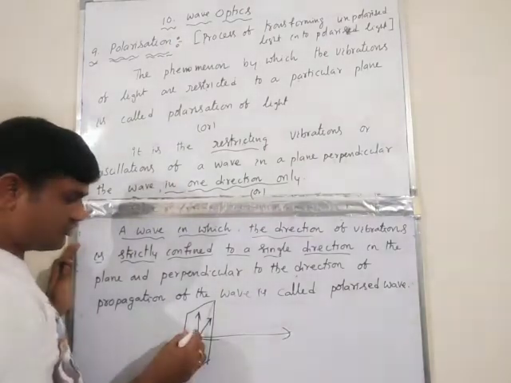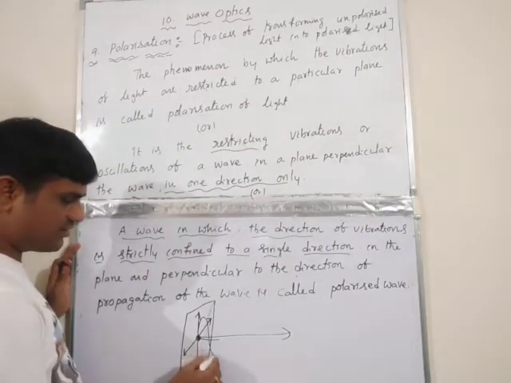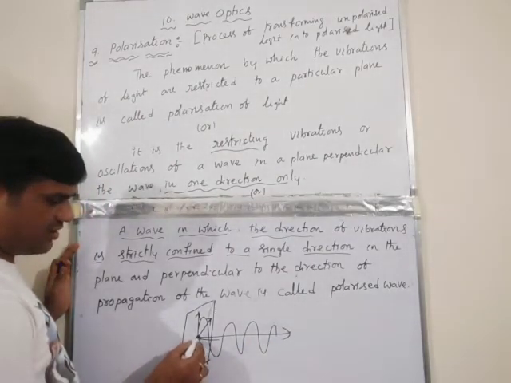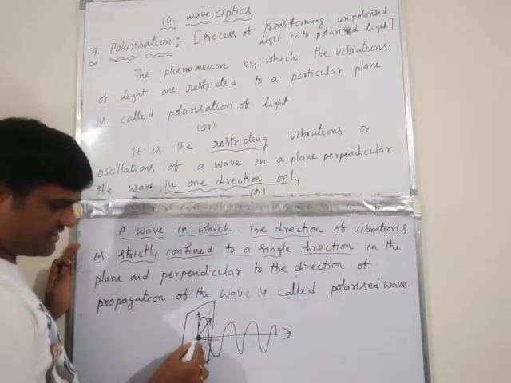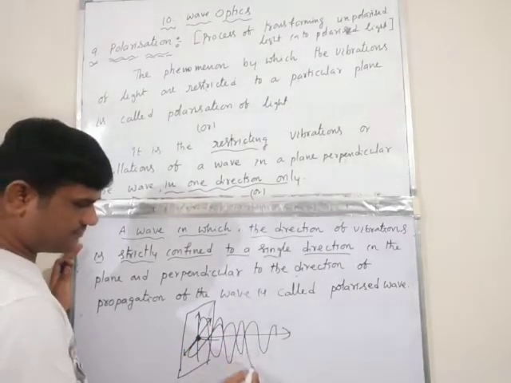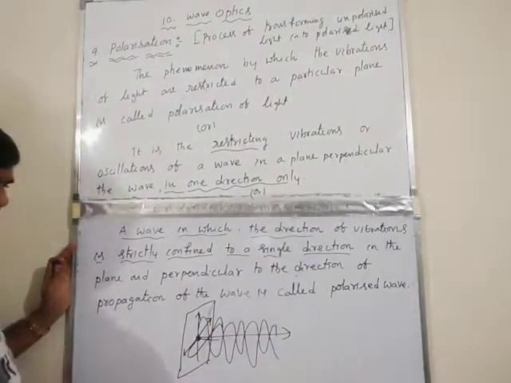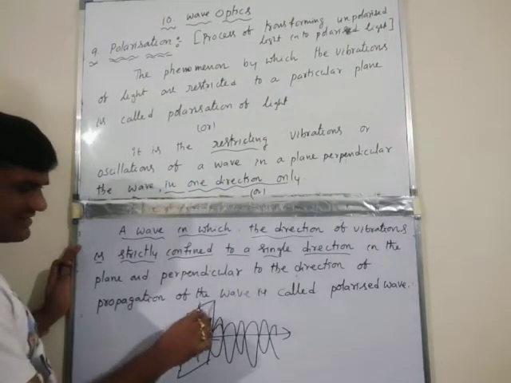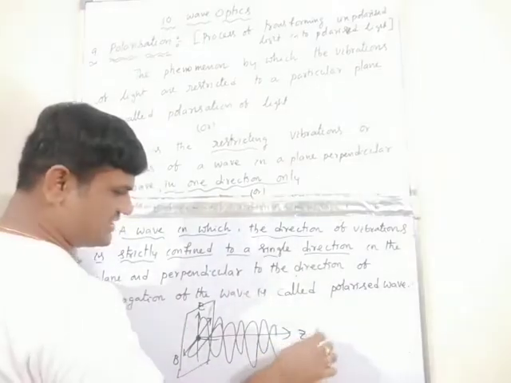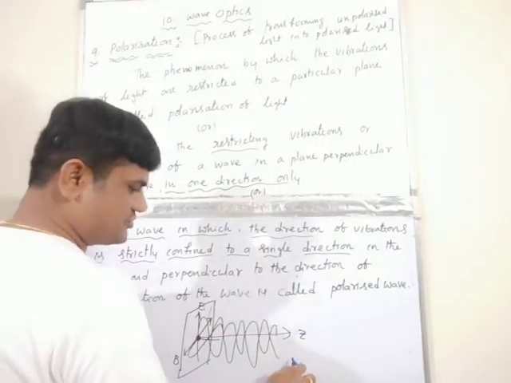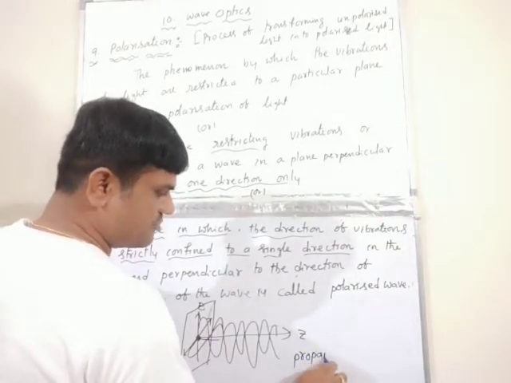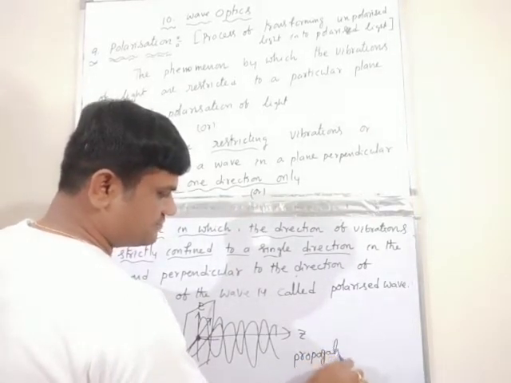The waves are moving, so the electric field is acting along the y axis and the magnetic field is acting along the z axis, sorry, x axis, like that. This is the electric field and this is the magnetic field. This is the propagation of the wave.